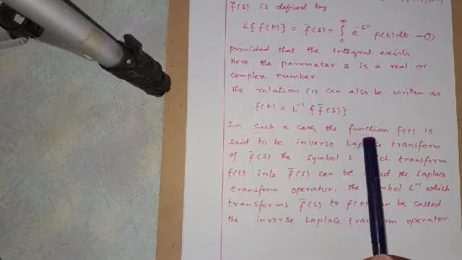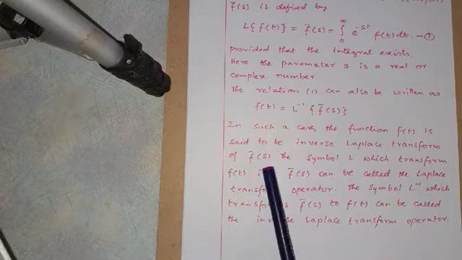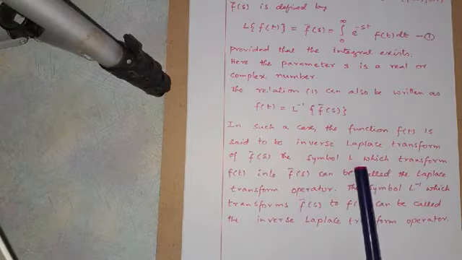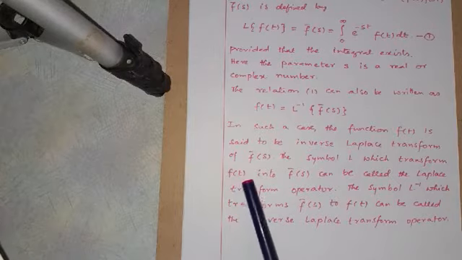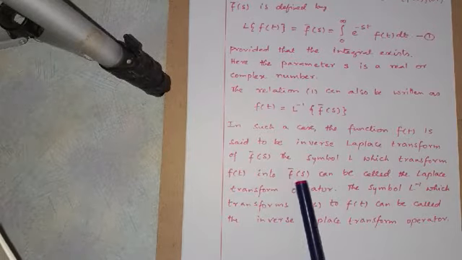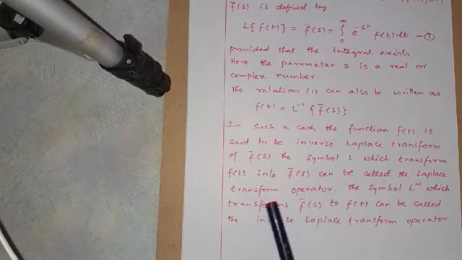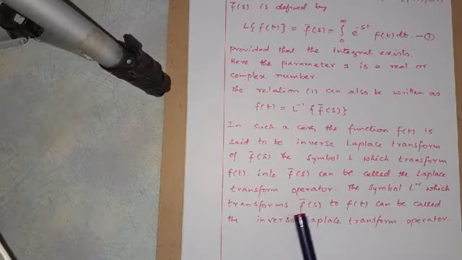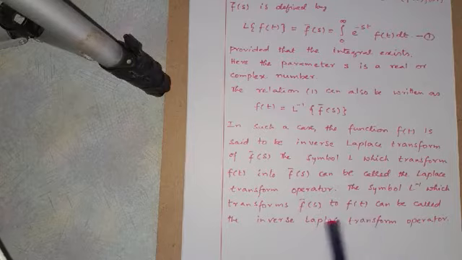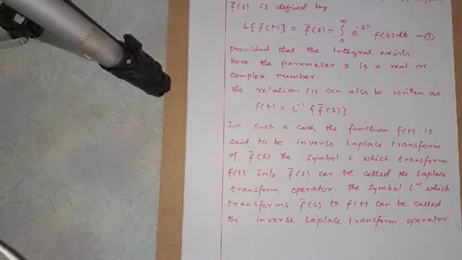Here we write the function f of t is said to be inverse Laplace transform of f bar s. The symbol capital L transforms f of t to f bar s, and can be called the Laplace transform operator. The symbol L inverse, which transforms f bar s to f of t, can be called the inverse Laplace transform operator. So this is about the definition of Laplace transform.